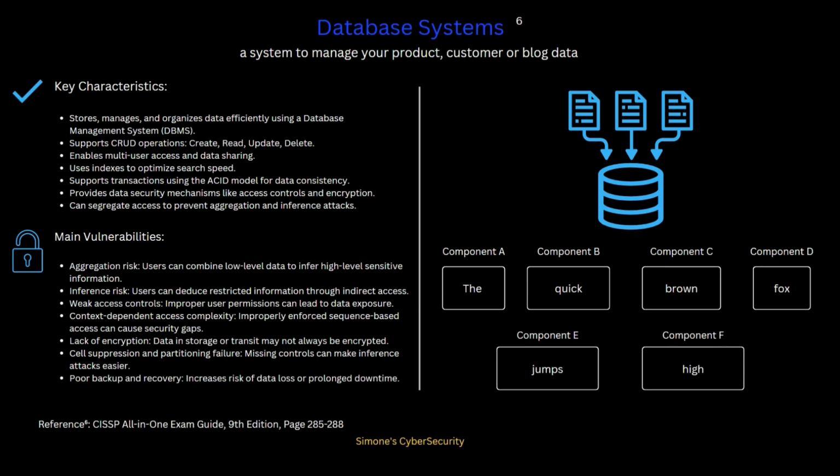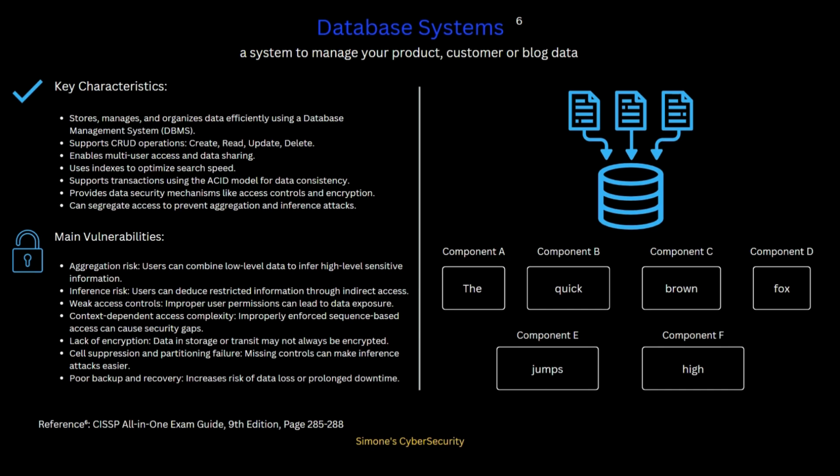And a database system, how it works, it uses a DBMS, or database management system, that is used for managing and organizing data efficiently. And you run some CRUD operations, CRUD meaning create, read, update, and delete. These kinds of basic operations you run to interact with the data. An important thing to notice is that databases allow multiple users to access and share information at the same time.